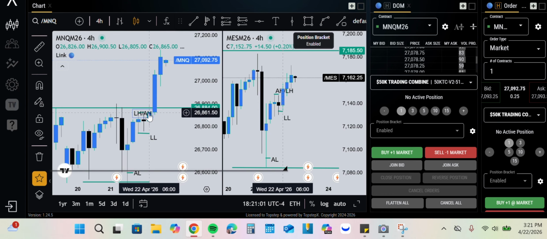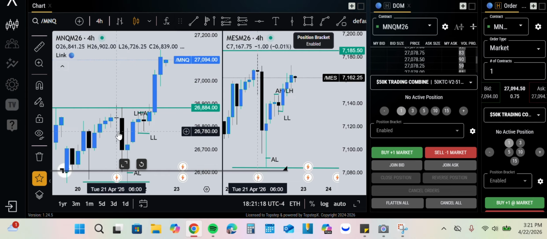Now let's look at the 4 hour trend on yesterday's session. So 6 a.m. and 10 a.m. areas are the most important on the day before. They kind of let you know where the trend might be going. So yesterday's candle, on the 21st, we had an obvious bearish trend.